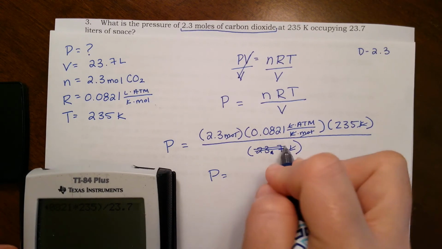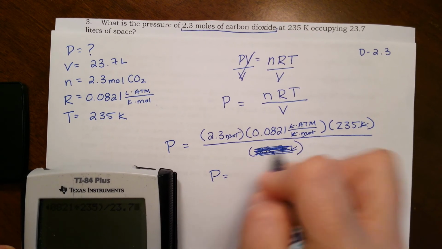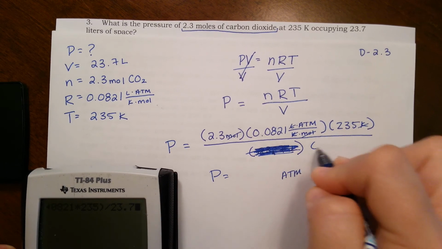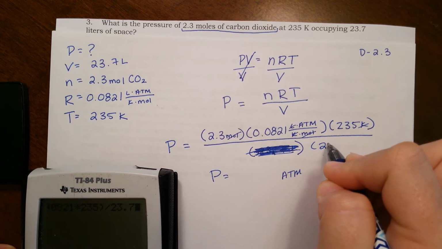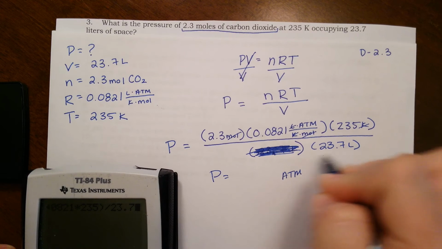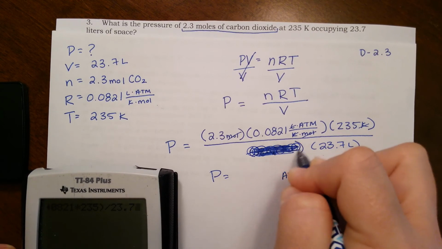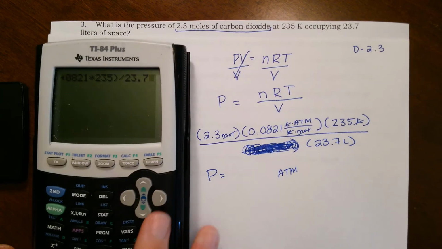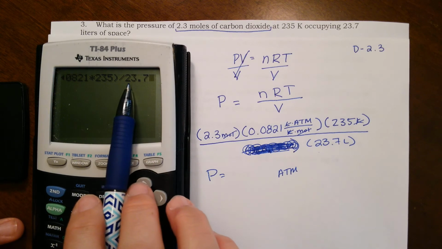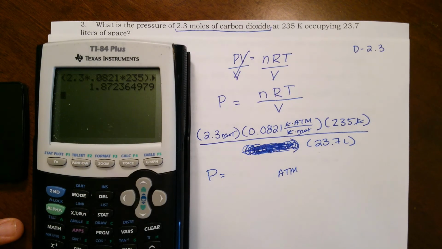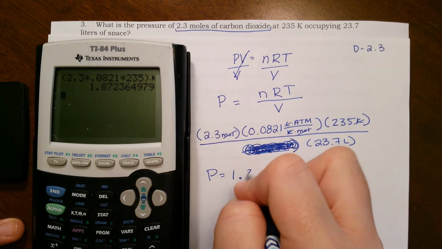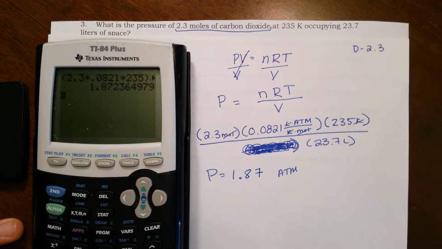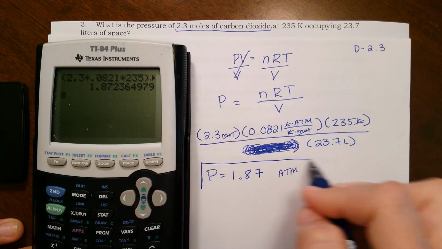Oh, sorry, my mistake. This is the volume, so that was correct before. So it's still 23.7 liters. Oops. I thought it was a mistake, but it was correct. So we do divide by that volume, 23.7, hit enter, and we get 1.87 atm. Awesome.